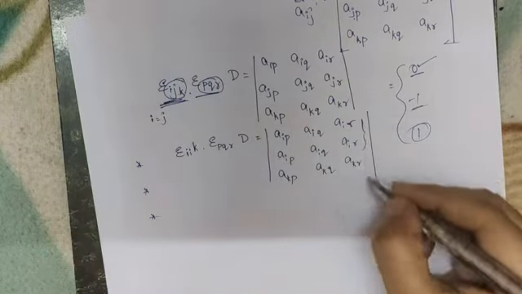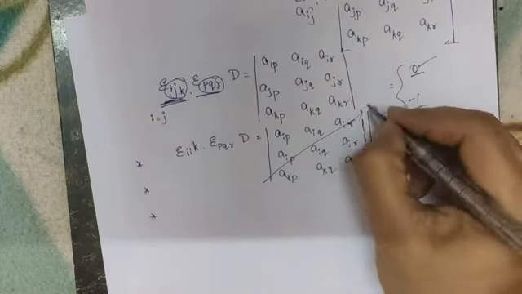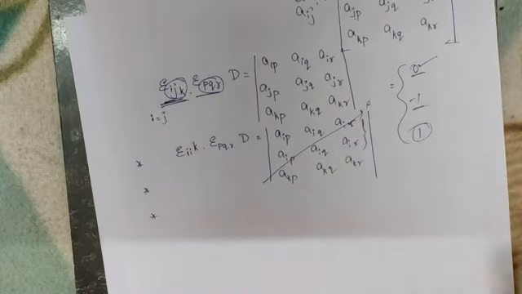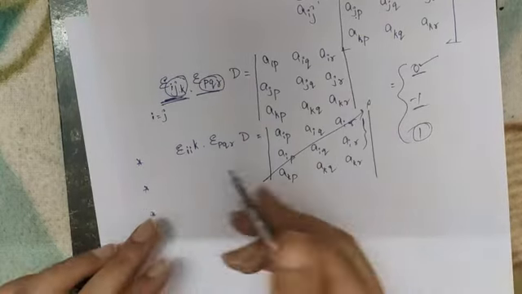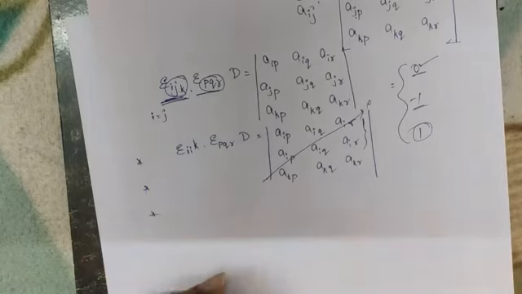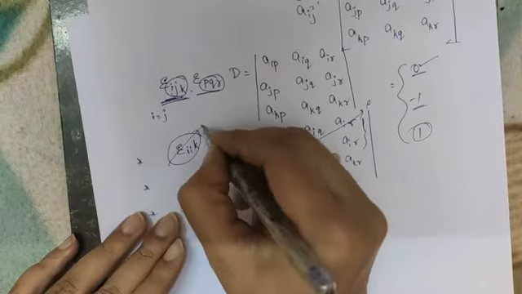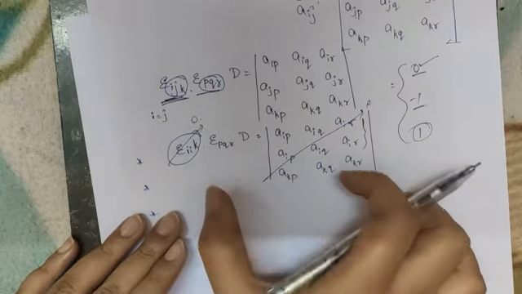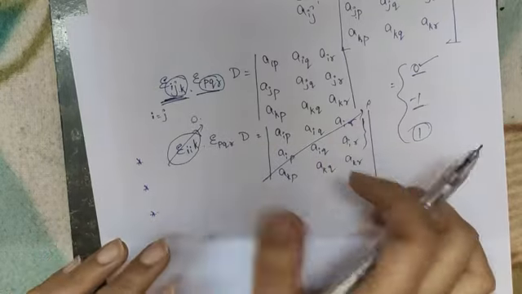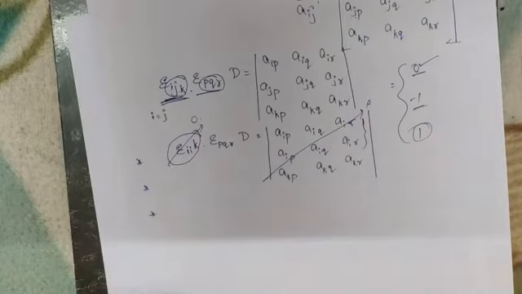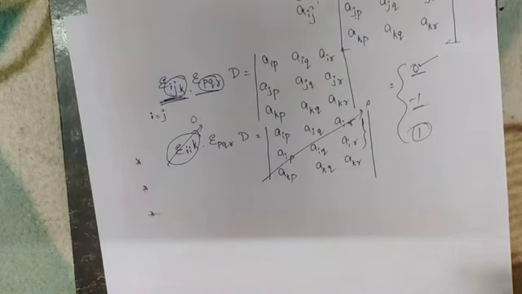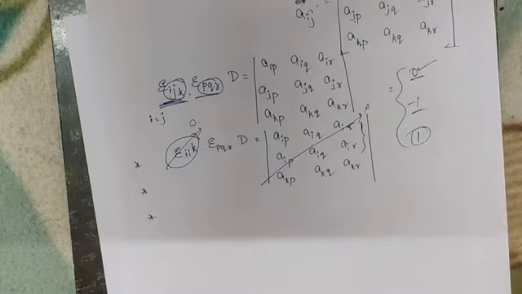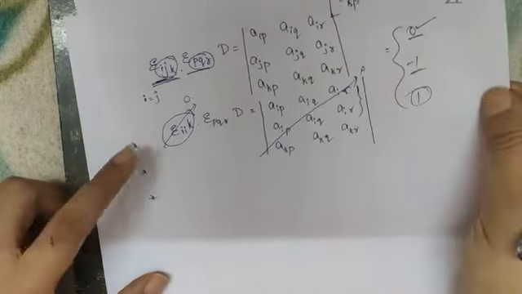If 2 rows are equal, then the determinant of that matrix will become 0. This is from the basic principle of matrices, right? From the definition of epsilon ijk, this value is also 0. 0 into anything is 0. So the equality is satisfied. That means if any 2 of ijk or 2 of pqr are equal, we have verified that LHS is equal to RHS. Similarly, I have to prove it for cyclic and acyclic also. So this is my first case.